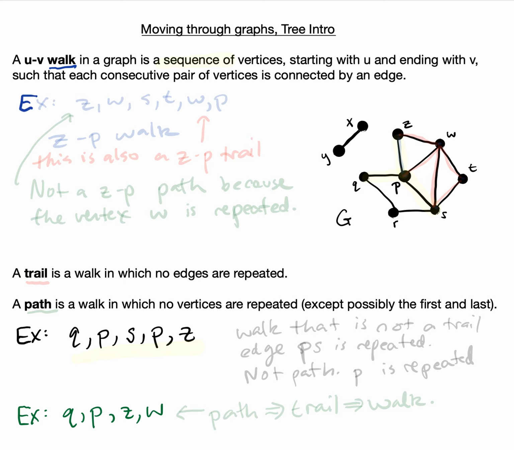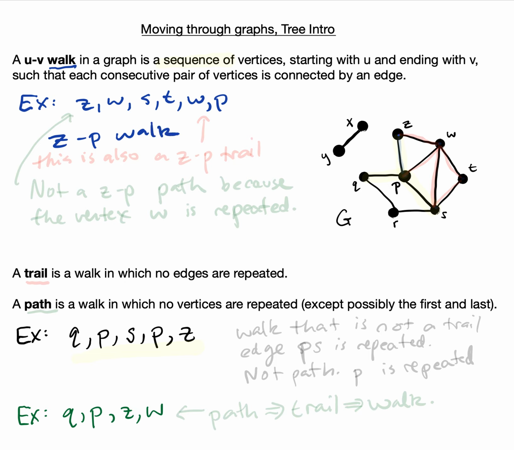So, for example, we could look at a walk Z W S T W P, and this would be a ZP walk. So let's just verify.